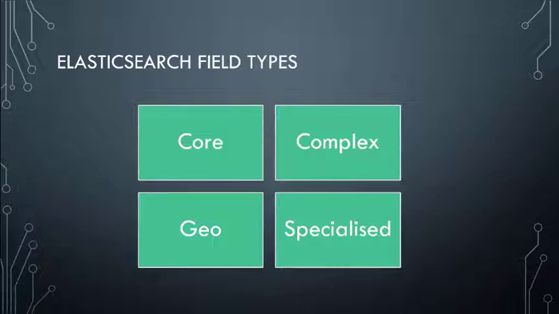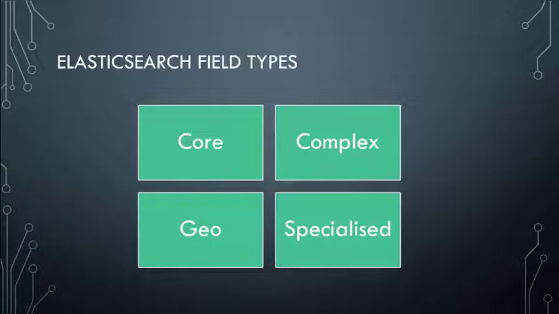In general, ElasticSearch data types are divided in 4. Core data types, which would be your primitives in a programming language, or the basic data types.